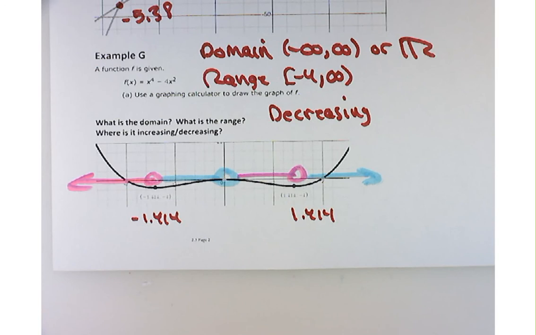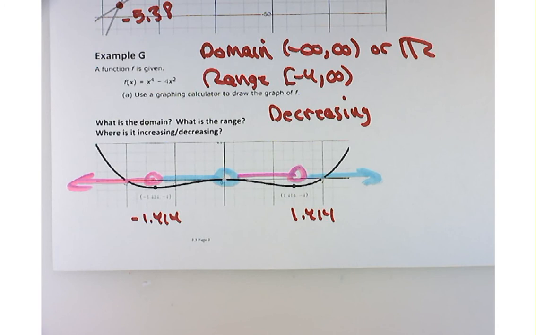So see if you can't write down the intervals where it's increasing and decreasing. And I am going to show you one last trick in terms of your graphing calculator, which might mean we're going to have to sacrifice a little bit of time for example H. Maybe I'll just do example H for you, with you.